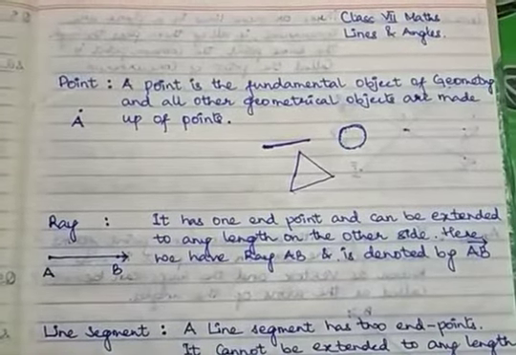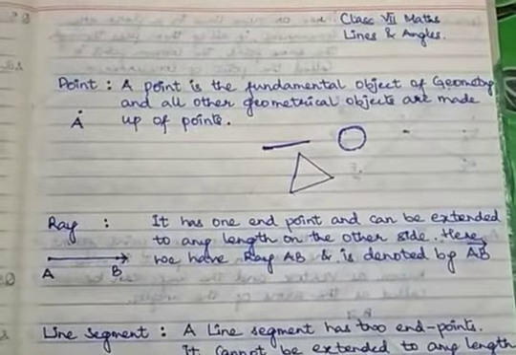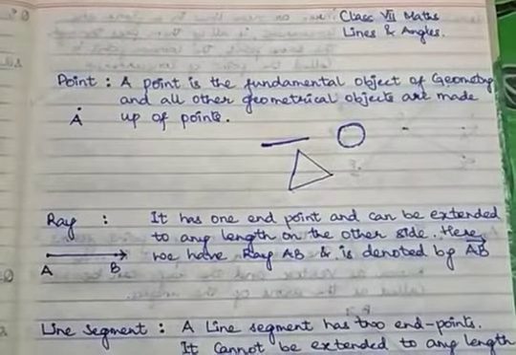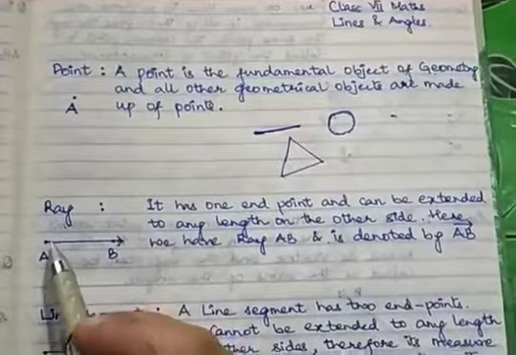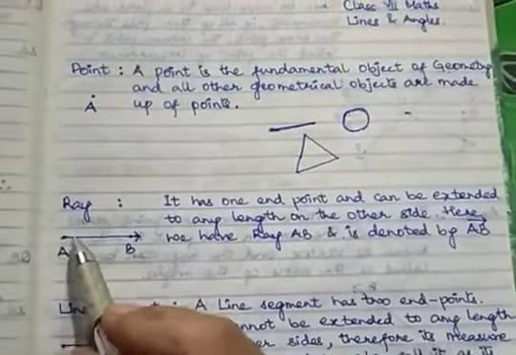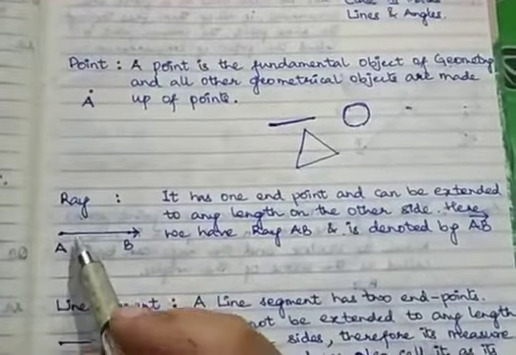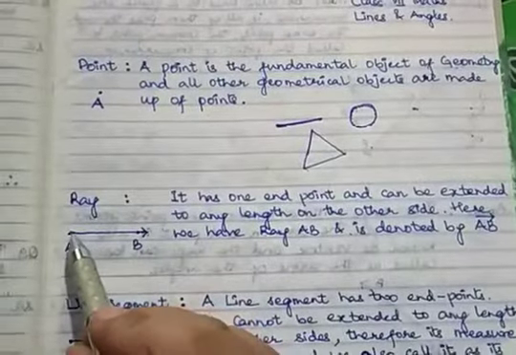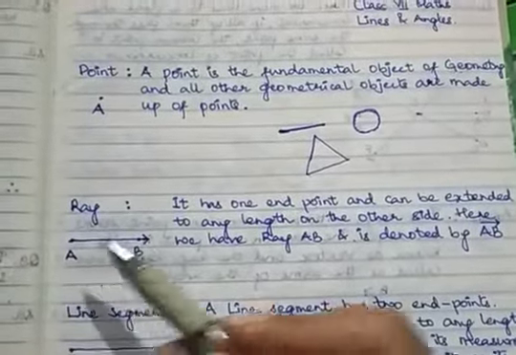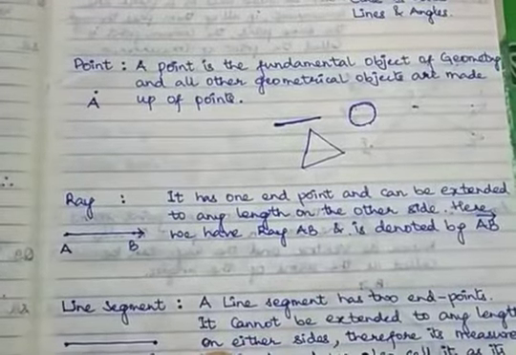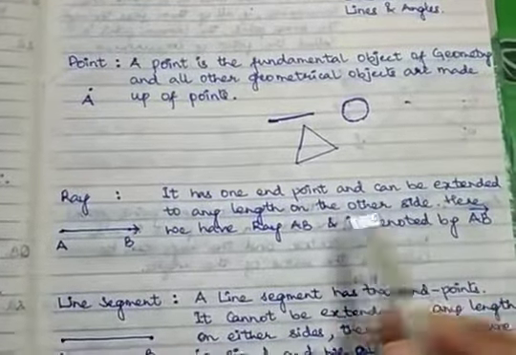Here we have ray AB, denoted by AB, with an arrow moving from A towards B. Below the definition I have drawn the figure as well: a dot moving towards the other side. The arrow means it can be extended to any length on the other side.